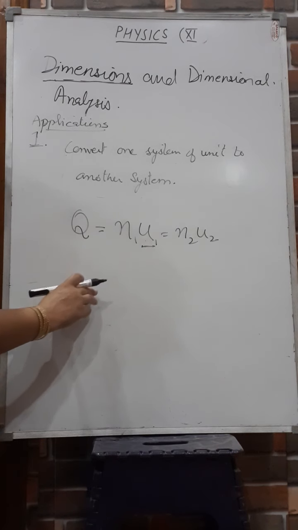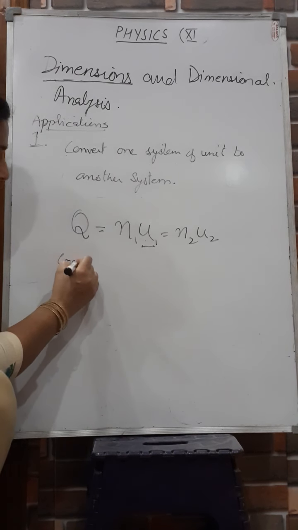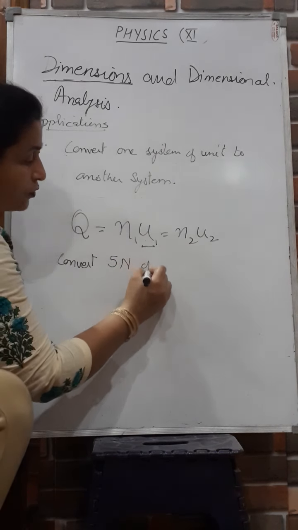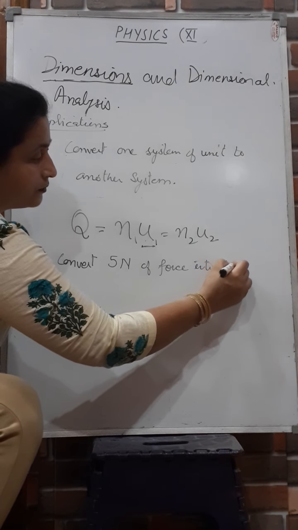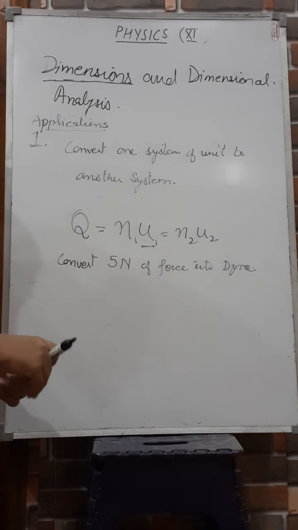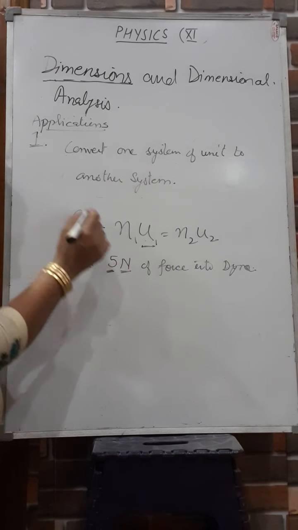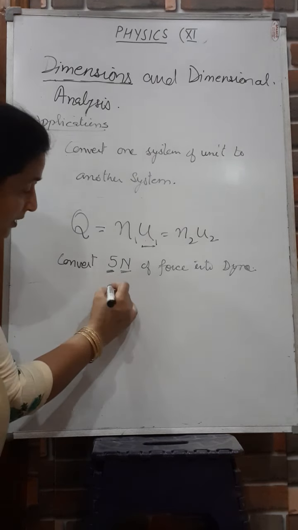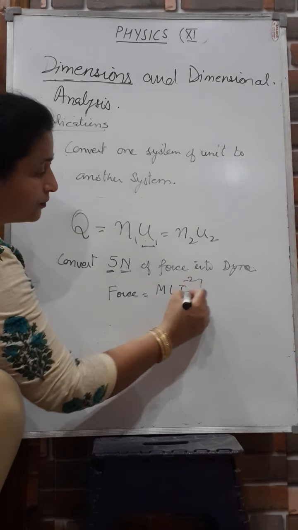Let's understand with the help of an example. For example, we want to convert 5 Newton of force into dyne. Dyne is the CGS unit of force. So 5 is the numerical value, Newton is the unit for force. The dimension of force is MLT minus 2.